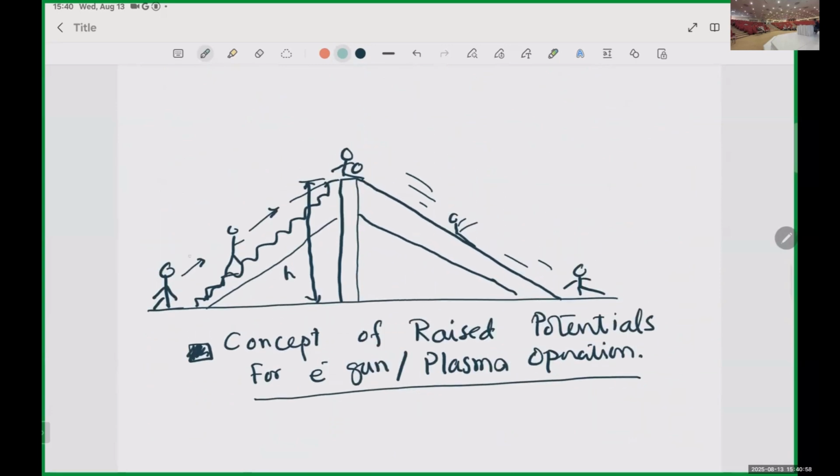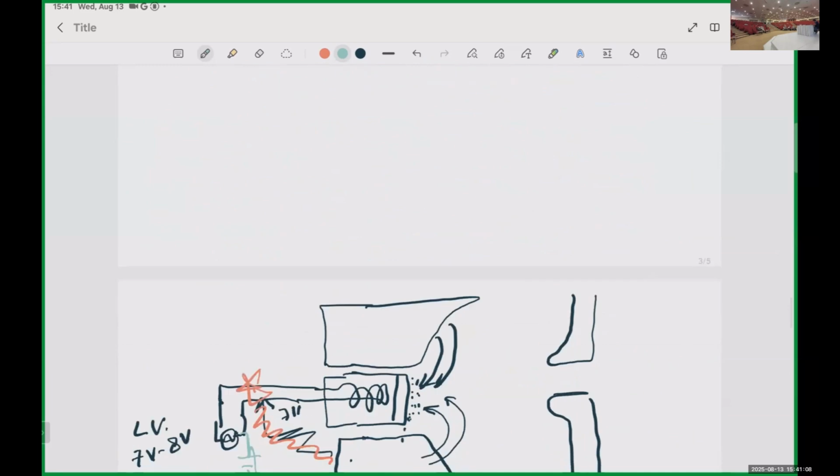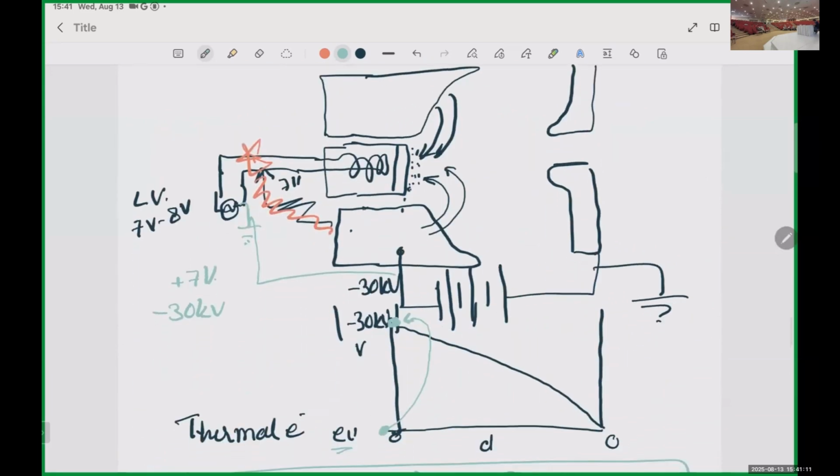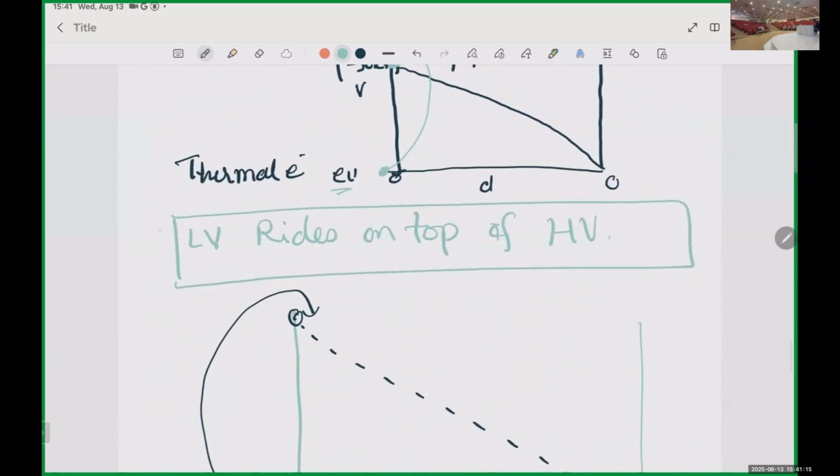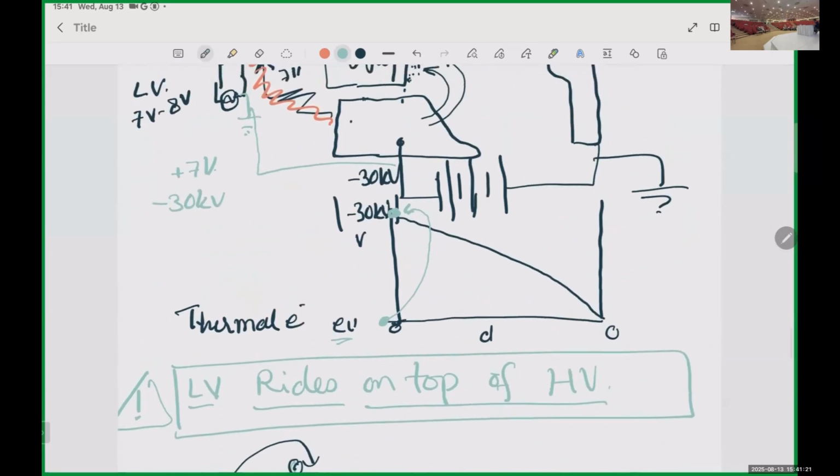First, you have to raise your mass to a certain level and then release it. The potential is converted into the kinetic energy. Here again, the electrons go to very high potential, but always remember this phrase: LV rides on top of HV. And how do you do it in practice?